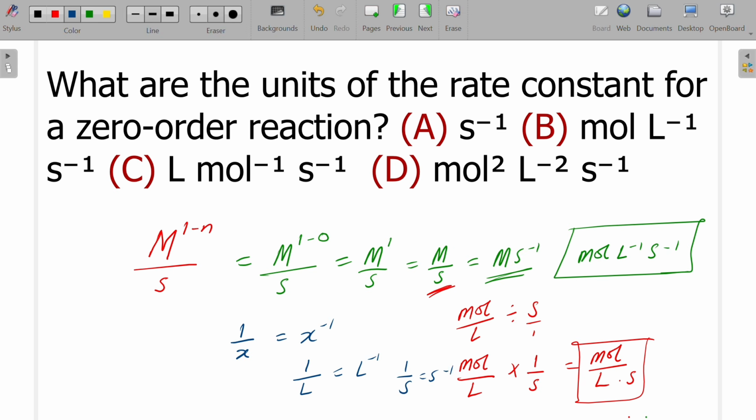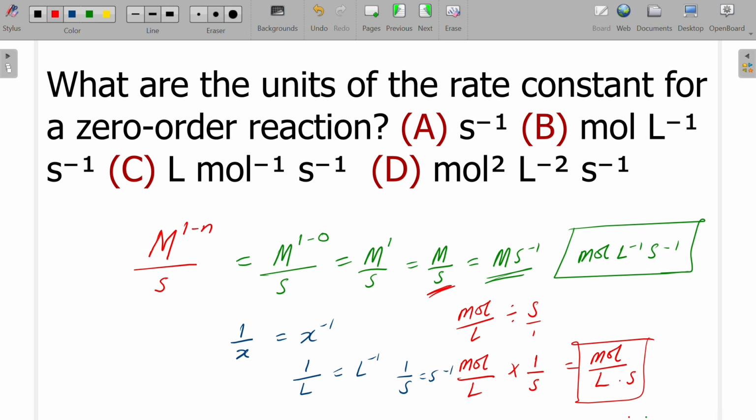If you have 1 over s, this is the same as s to minus 1. So this is why you are seeing this L down here. It's like 1 over L, and when you take it on top, this is L to minus 1. The same applies to the s. That's why we have s to minus 1. So this is our answer here.